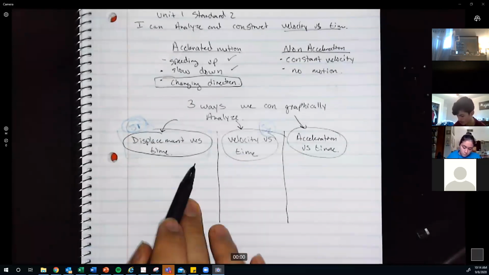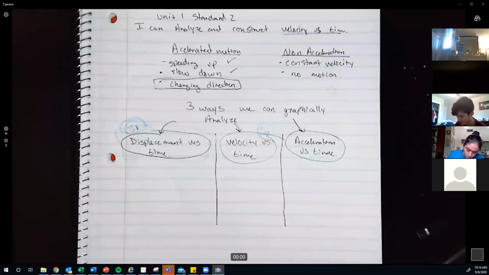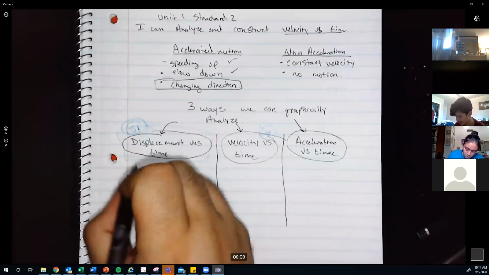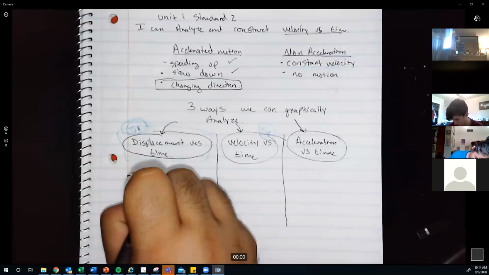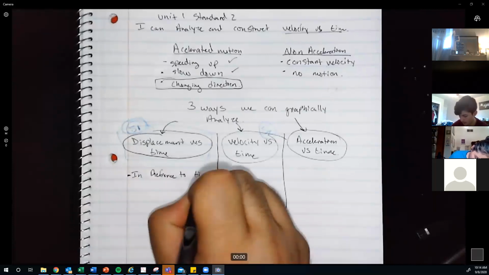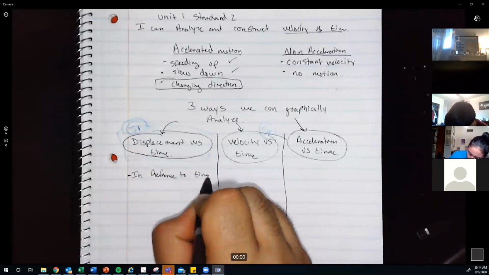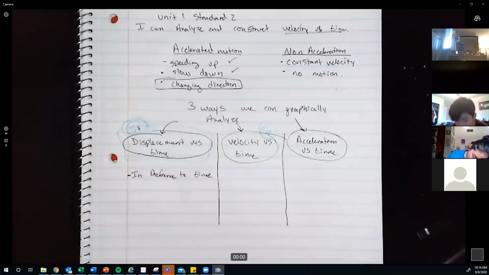Displacement versus time graph, right? What does it actually graph in reference to time? A displacement time graph looks at what? What is a displacement versus time graph in reference to time?